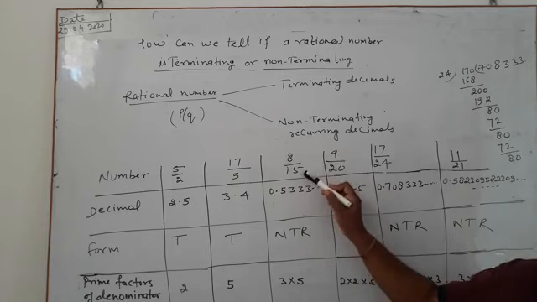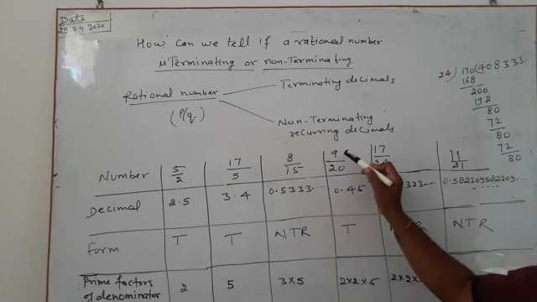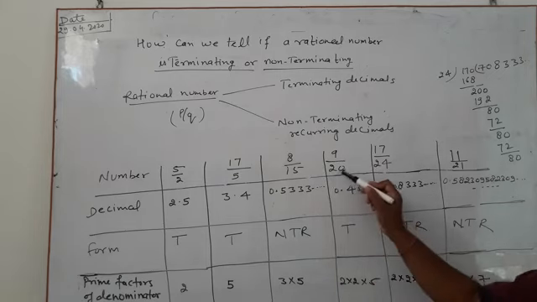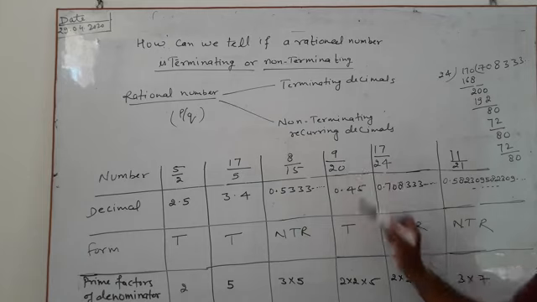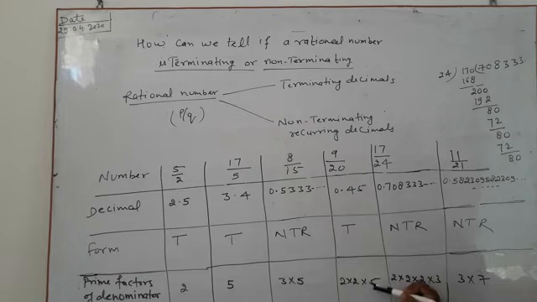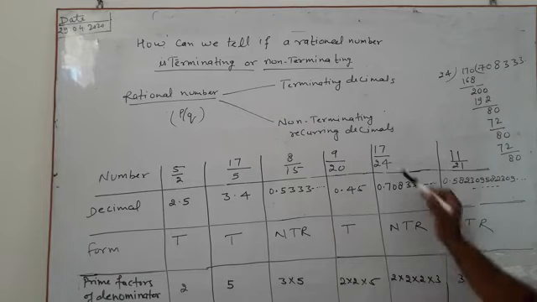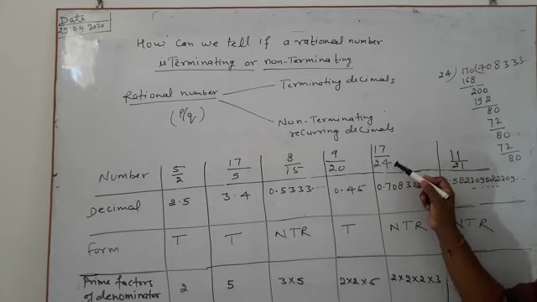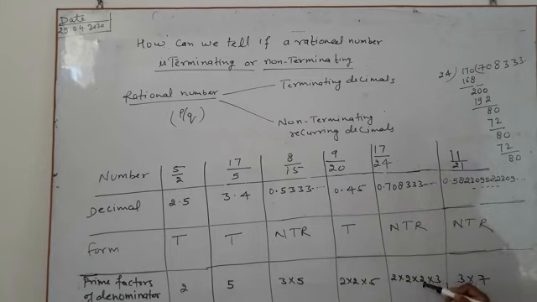Is it clear? Without actual division. Suppose there is 9 upon 20. The prime factor of 20 is 2 into 2 into 5, so the prime factors are of the form 2 and 5 both. And for 24, the prime factor is 2 into 2 into 2 into 3.